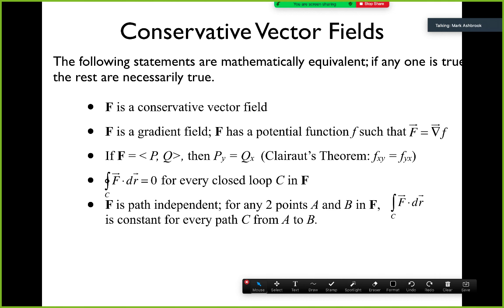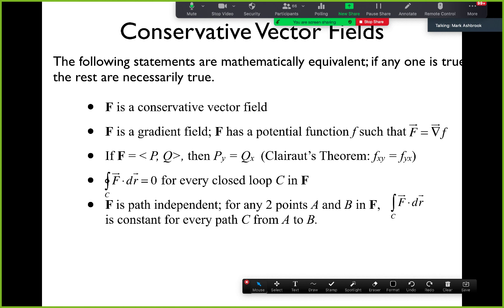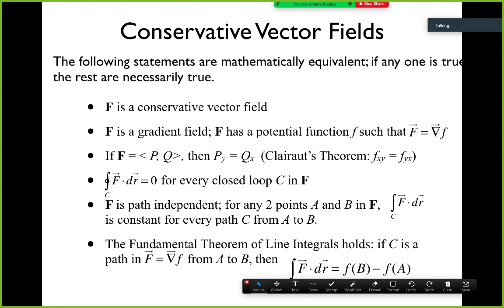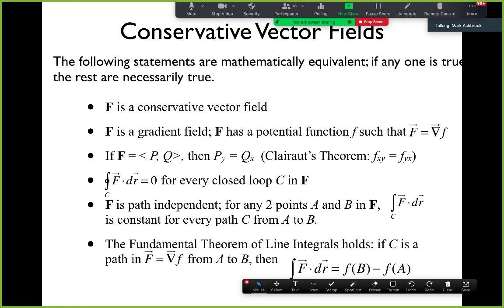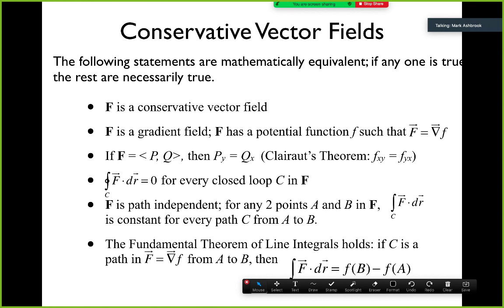Path independence. Given any two points A and B in F, the line integral will be the same regardless of the path from A to B. And then the fundamental theorem of line integrals says that the line integral from A to B is the potential function evaluated at B minus the potential function evaluated at A. Again, if any one of these is true, then all the rest are necessarily true.